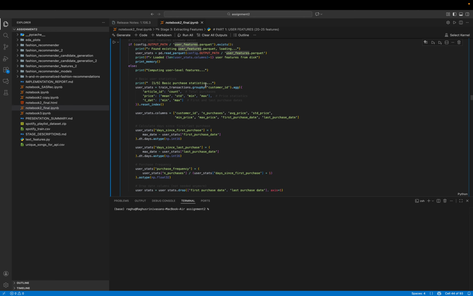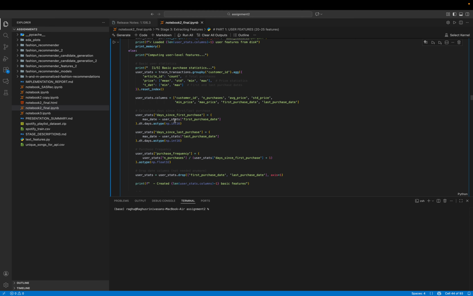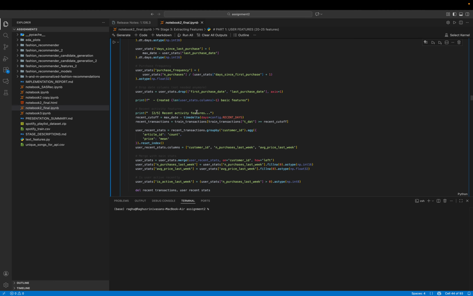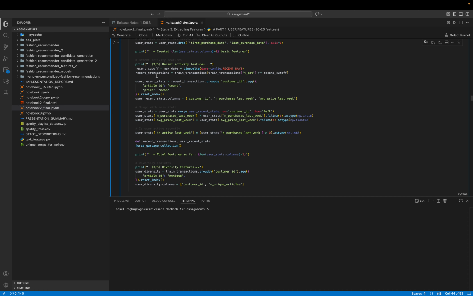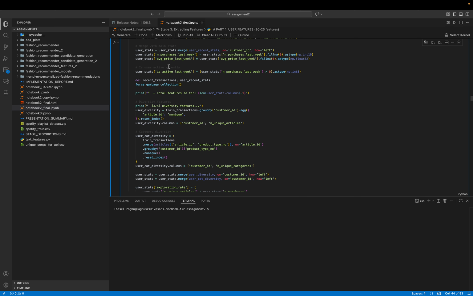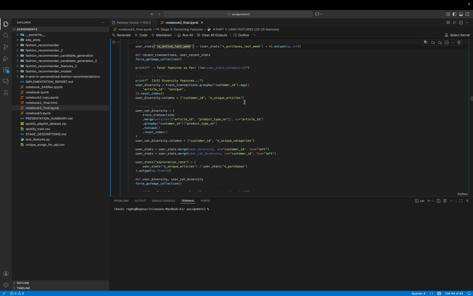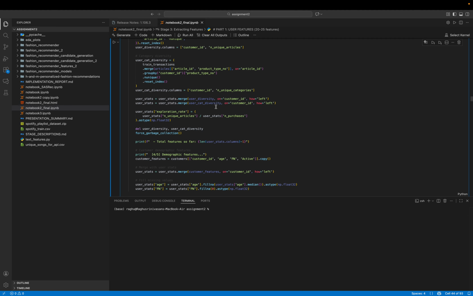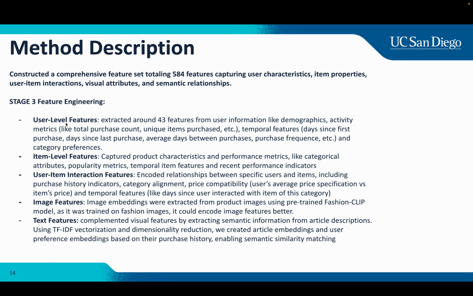For user features, we compute statistics like mean price, standard deviation of the price, and the min and max date, and using this we could generate all the features in here. From these features we can also get recent activity features. We could also generate flags like whether the user was active last week, and we could get the diversity features, a bunch of features that I implemented for user level, item level, and user item.